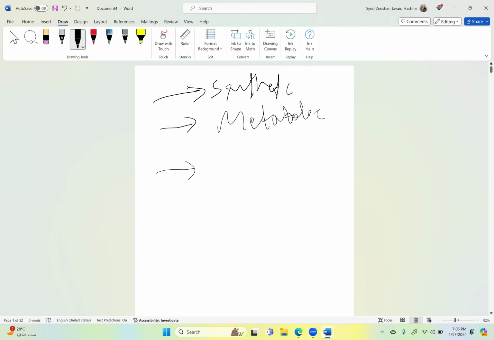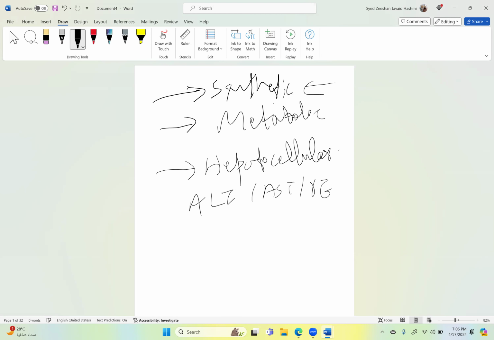So whenever we are considering liver damage, either it will be a problem with the synthetic function or metabolic function, or if there is hepatocellular damage, certain enzymes will be increased. Okay, with reference to ALT, AST, and gamma GT, they will be raised.